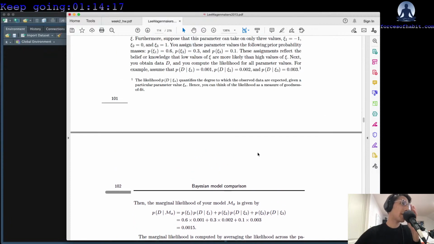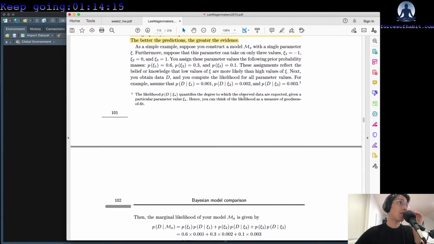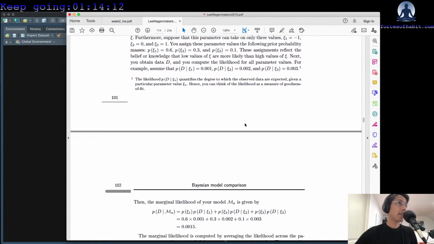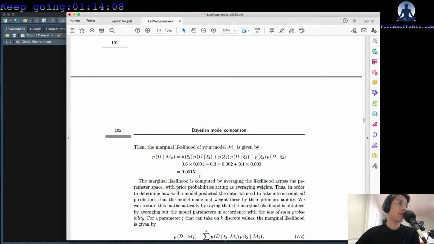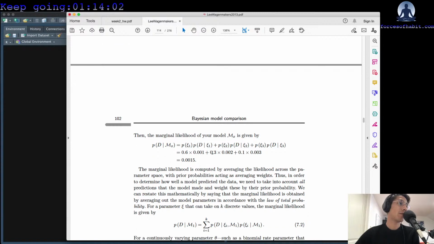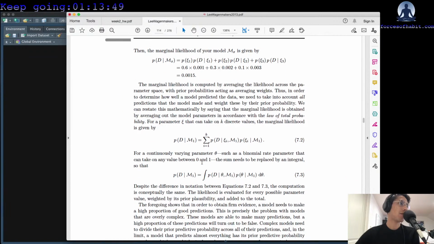Because we're only considering a single parameter that takes on 3 values, where in real life parameters can take on infinite values in some cases when we're talking about continuous variables. So you can see in scaling that the marginal likelihood is going to become intractable in terms of doing this by hand computation.